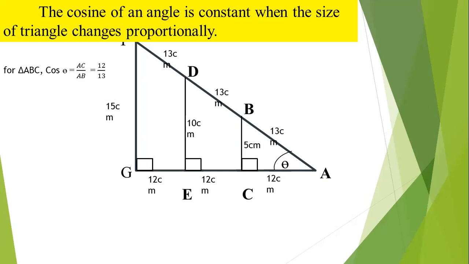In the example, the adjacent is 12 and the hypotenuse is 13, so the cosine of the first triangle ABC is 12/13. Now the cosine of the second triangle ADE: adjacent 12 plus 12 over hypotenuse 13 plus 13, which is 24/26.